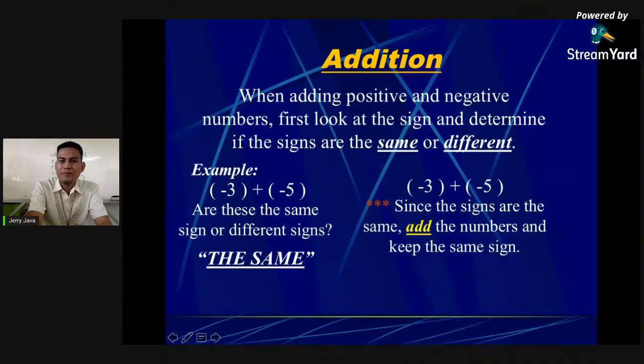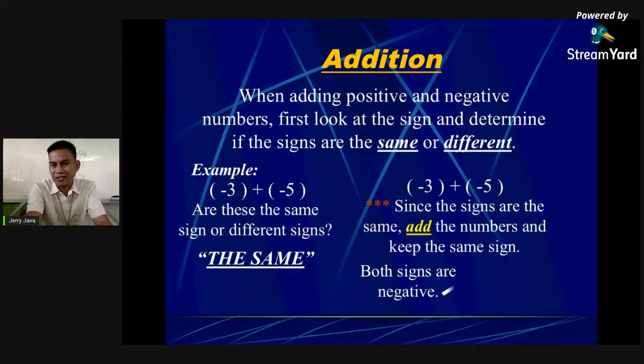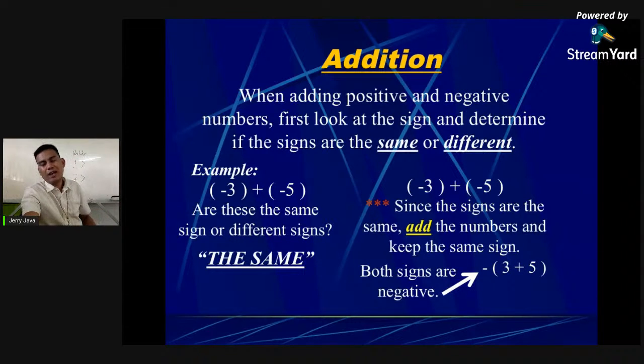So what you're going to do is just add 3 and 5, then copy the sign. What's the common sign? It's negative. Add 3 and 5, that gives you 8. So your answer here is negative 8.